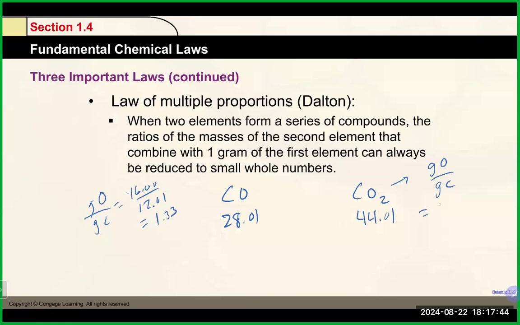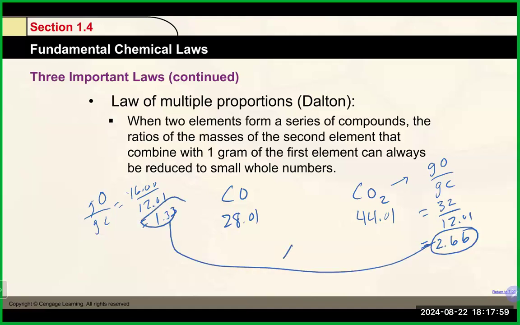In this case, our oxygen is 32, over 12.01 for our 1 gram of carbon, gives us a ratio of 2.66, right? The relationship between these two ratios is a factor of 2, right? So we could see there's twice as much oxygen as we do have carbon in the first one. So again, that's the idea there.